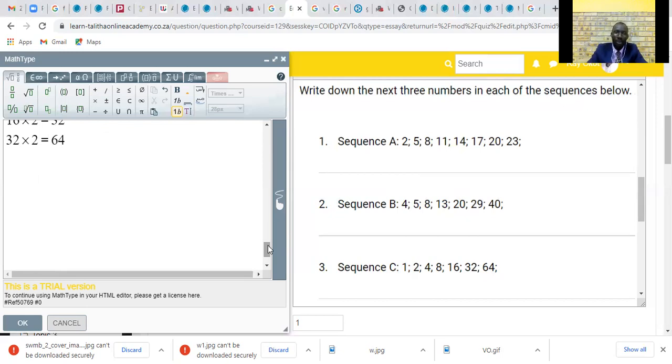So from 64, we have times 2 to get, well, this will give us 128. I would like to check that first. 64 times 2, yes, 128. Then the next thing is 128 times 2.